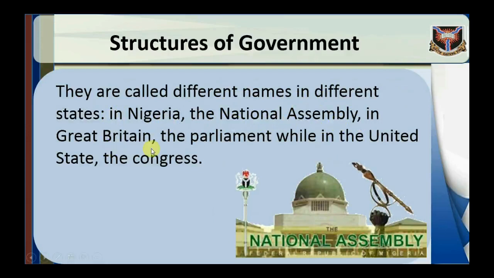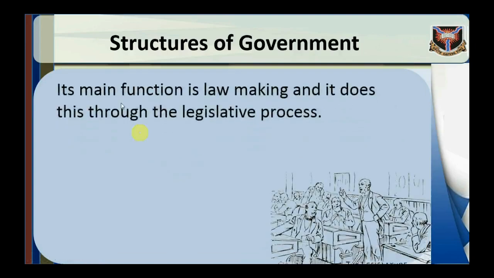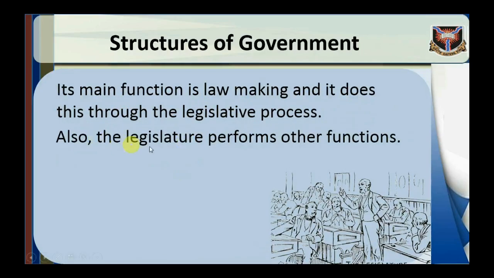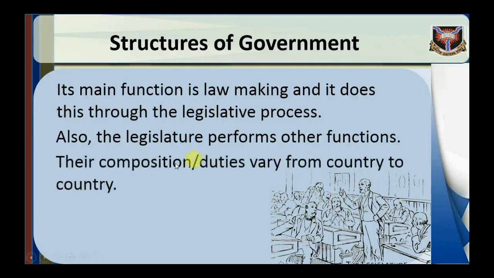In Great Britain, it is called Parliament, while in the United States, it is known as the Congress. The primary function of the legislature is lawmaking, and it does this through the legislative process. In addition, legislatures perform other vital functions in their respective systems. The composition of the legislature varies from country to country.